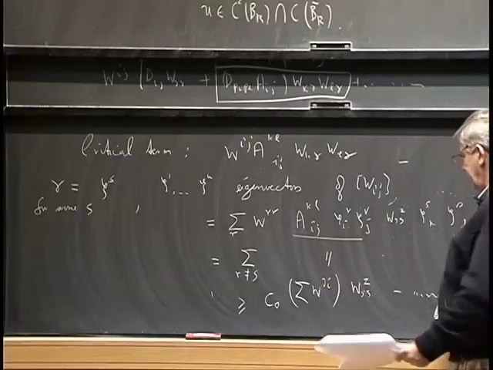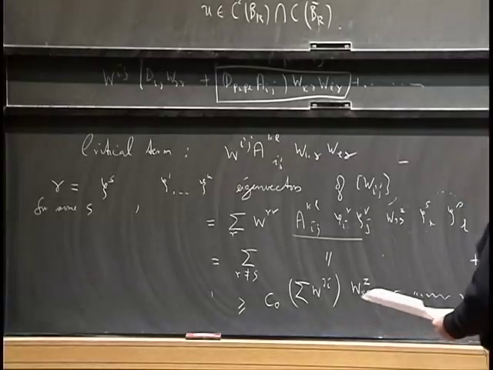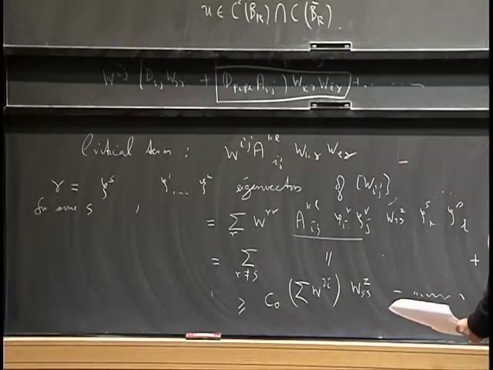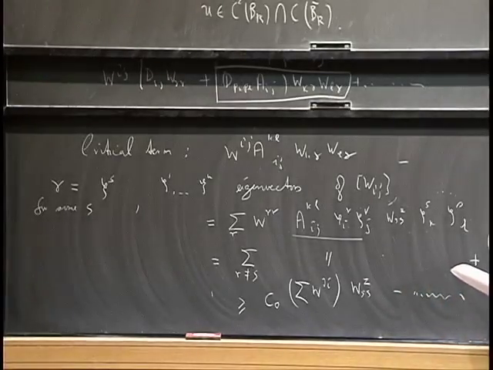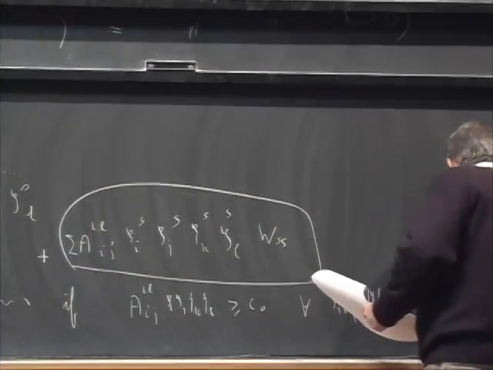There's one term to throw out as well. I can say it's greater than or equal to that if I have such a condition that AIJKL psi I, psi j, eta k, eta L is greater than or equal to C0 for all psi, eta with mod psi equals mod eta equals 1, psi orthogonal to eta.